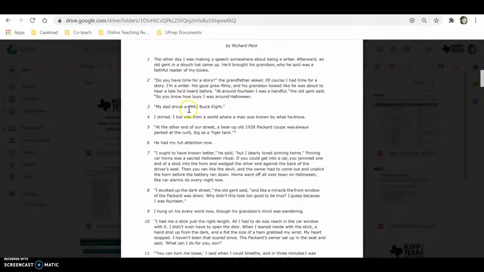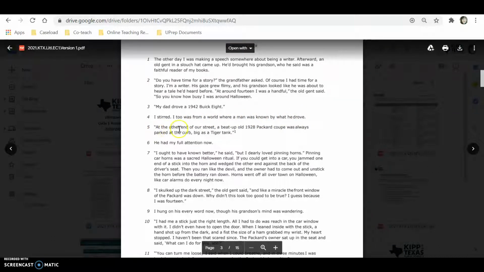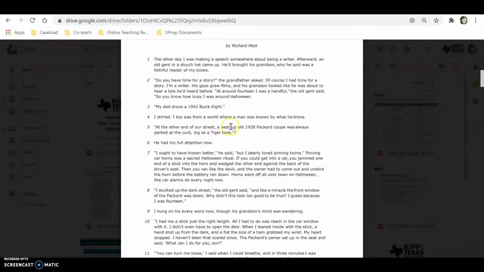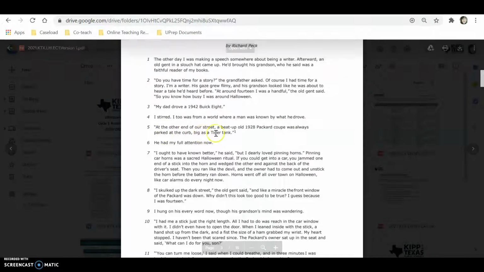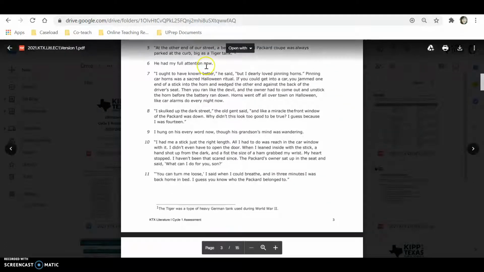My dad drove a 1942 Buick 8. I stirred. I too was from a world where a man was known by what he drove. At the other end of our street, a beat-up old 1928 Packard coupe was always parked at the curb, big as a Tiger tank. He had my full attention now. I ought to have known better, he said, but I dearly loved pinning horns.